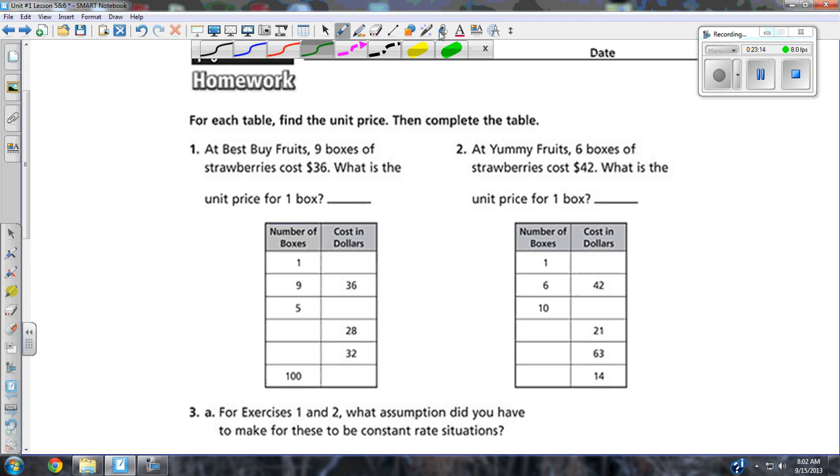So you can see that they have number of boxes, 9, cost $36. But that's not the unit rate. What's the unit price for 1 box? Well, 9 goes into 36 4 times. So 1 times 4 would be your unit rate. Okay? Unit price for 1 box would be 4. And you just need to complete the rest of it.